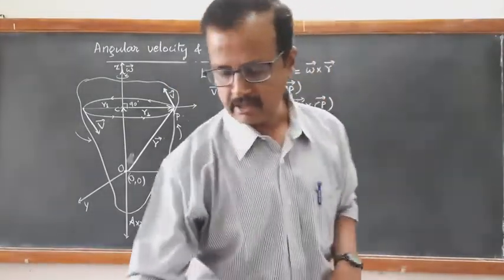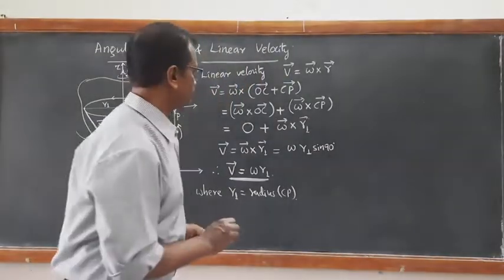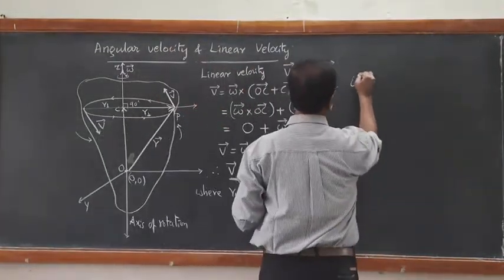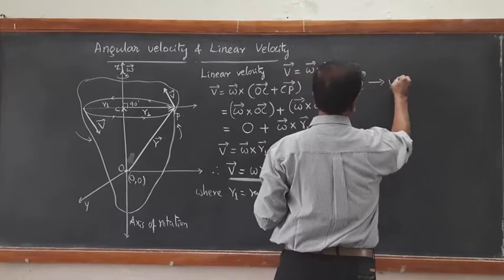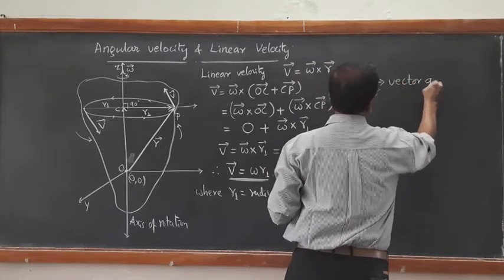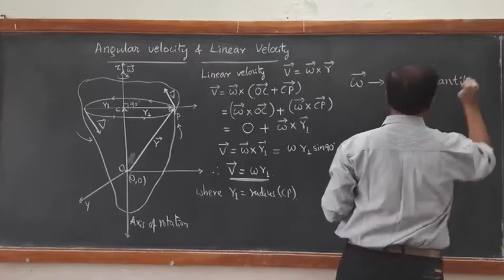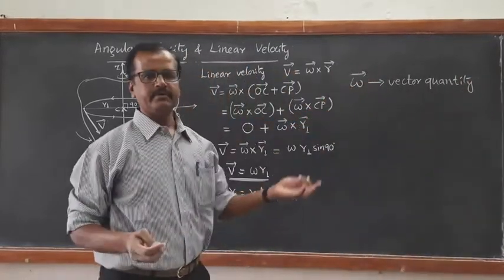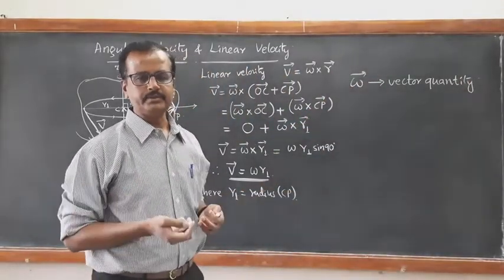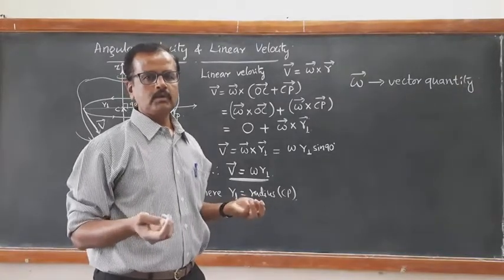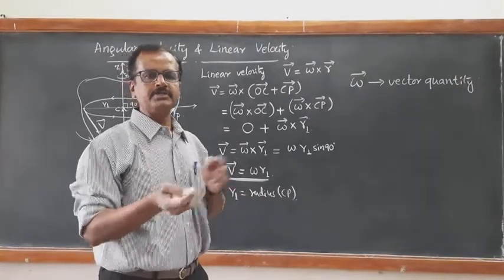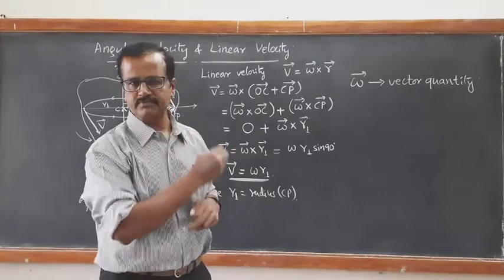Now, since angular velocity is a vector quantity, omega can differ by differing its magnitude with respect to time, or omega can differ by changing the direction of the axis of rotation.